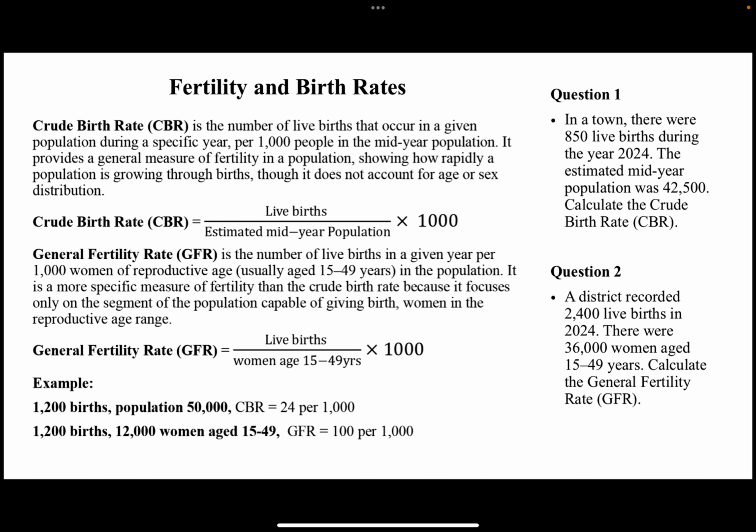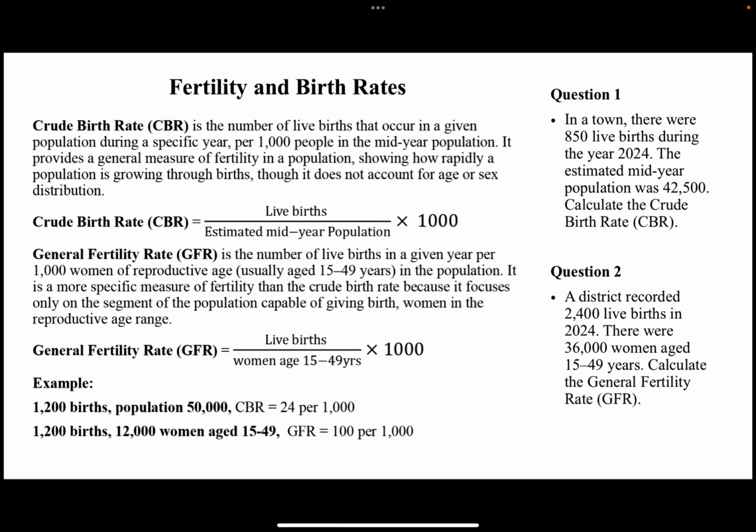Now let's go into the calculation. So we have these examples. 1,200 births in a population of 50,000. So the crude birth rate will be what? First of all, we are calculating the crude birth rate. What is the formula?